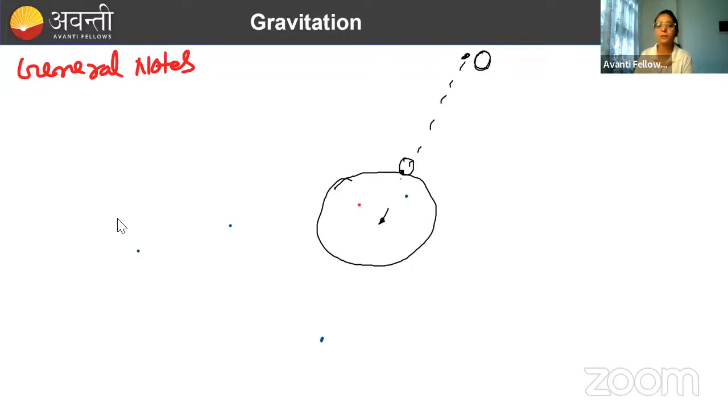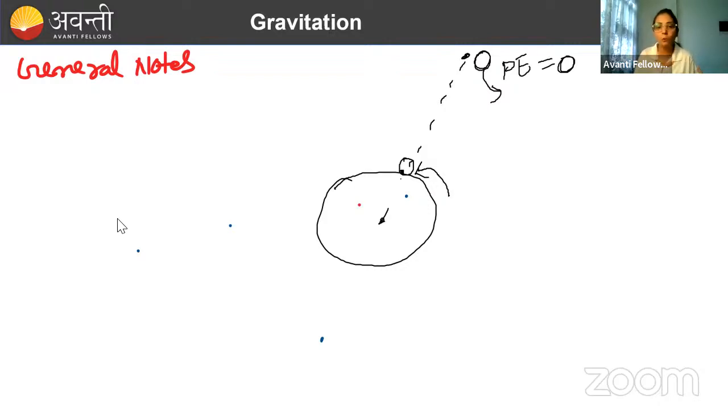Now, suppose there is a body at rest on the surface of Earth, so how much energy should we give it so that it will escape? If it has escaped, its potential energy will become zero, because it is not under the influence of Earth anymore. Again, we are talking about the minimum energy, so once it has escaped, its velocity has also become zero.